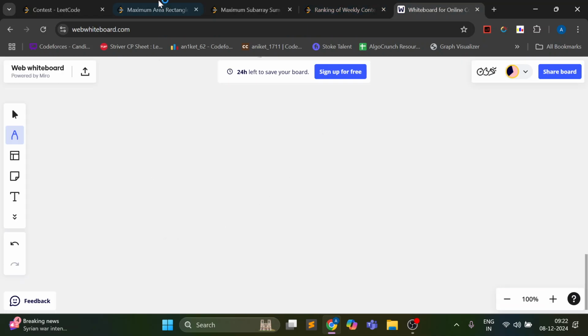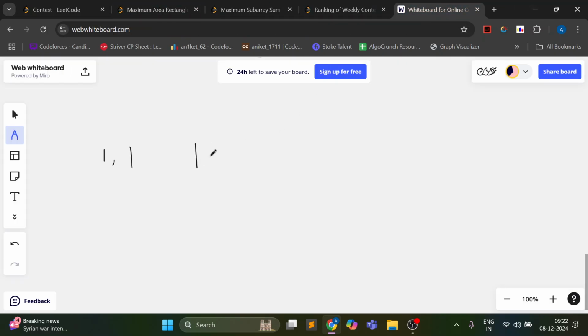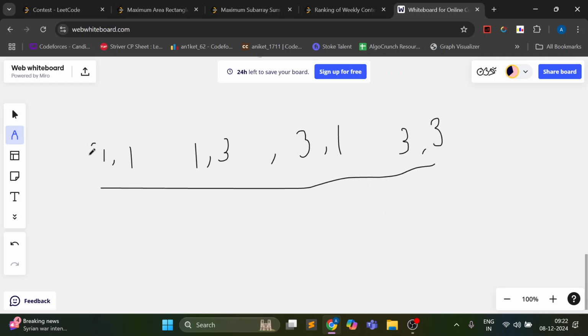Let me write those points for better understanding. 1 1. If I sort this, they would remain as they are, because I wrote them like that.